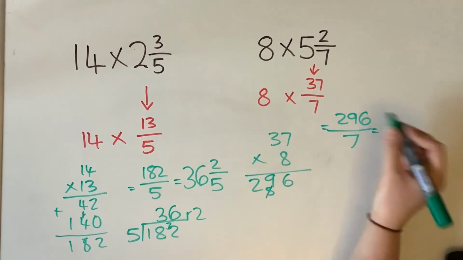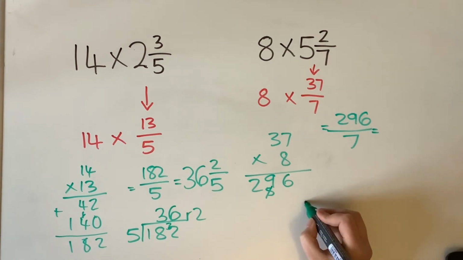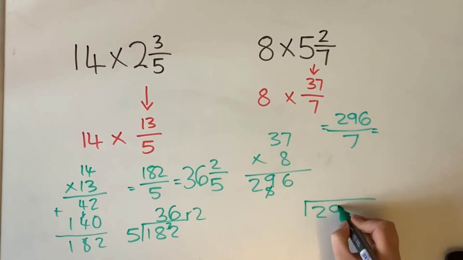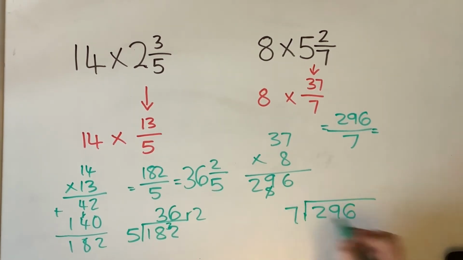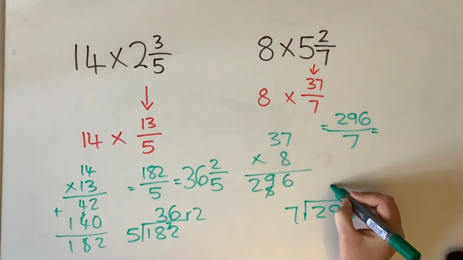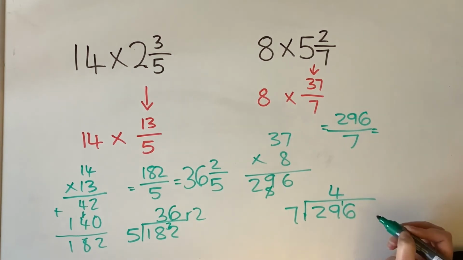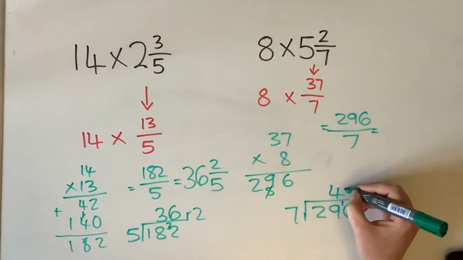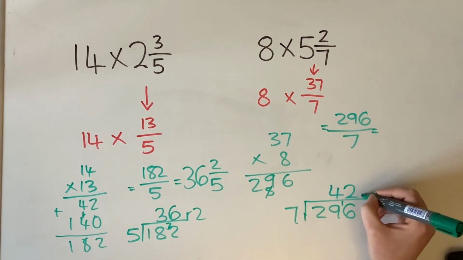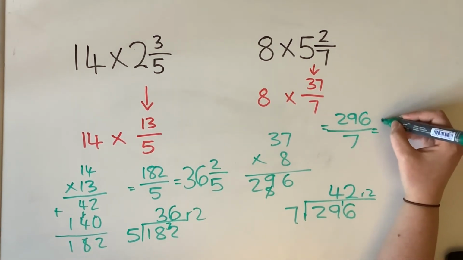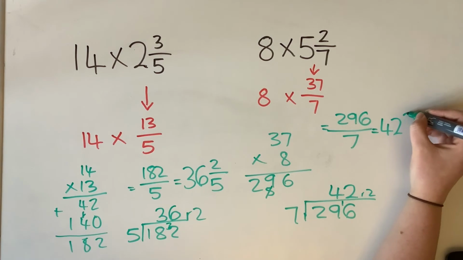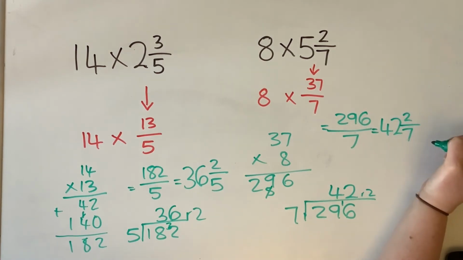Once again, I can't leave it like that, so I'm going to do my division, divided by 7. Looking at 29, how many 7's go into 29 is 4, what's left over? 1. How many 7's go into 16 is 2, with 2 left over. So my answer would be 42 and 2/7. So well done once again if you got that correct.